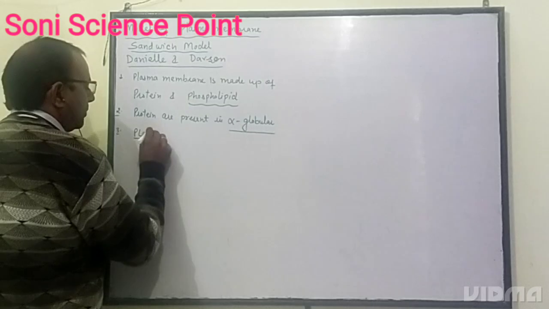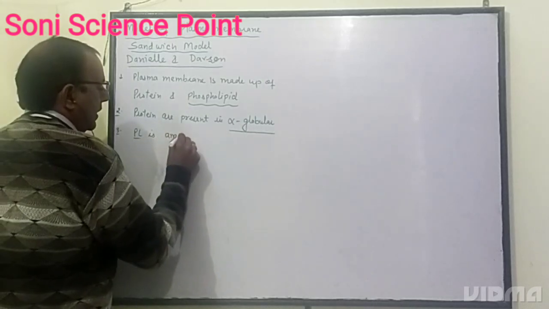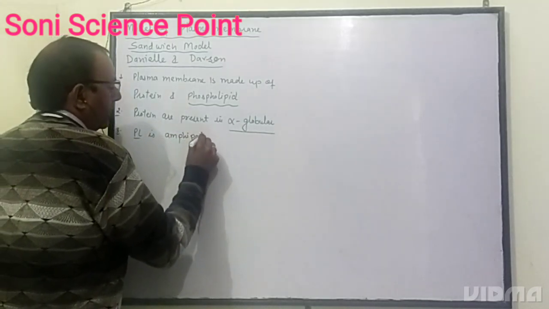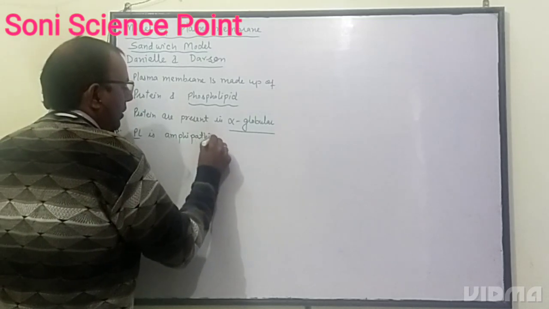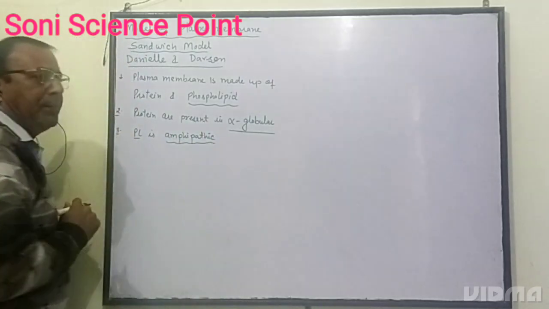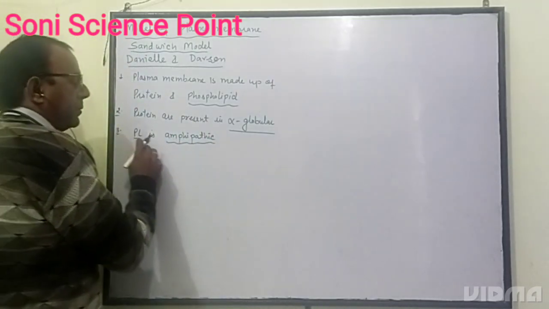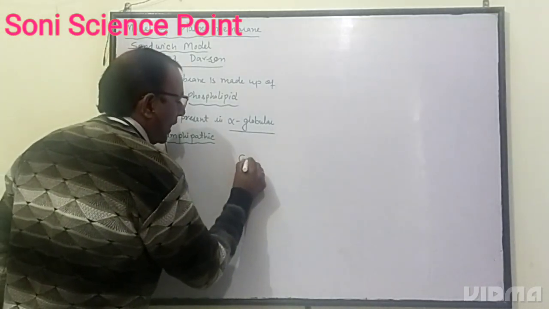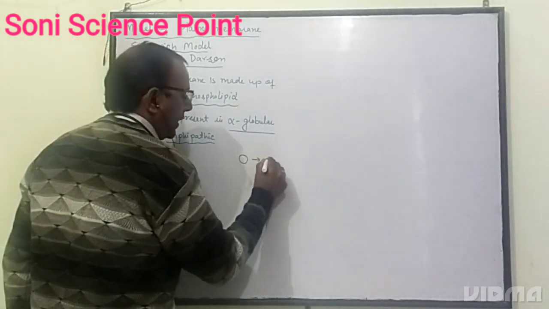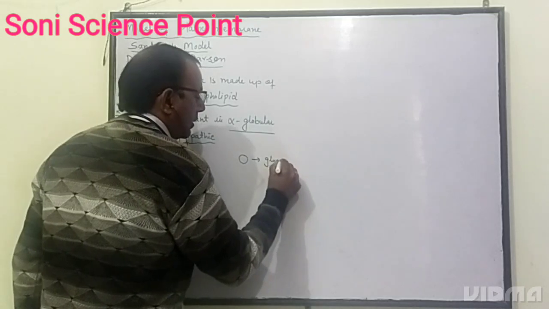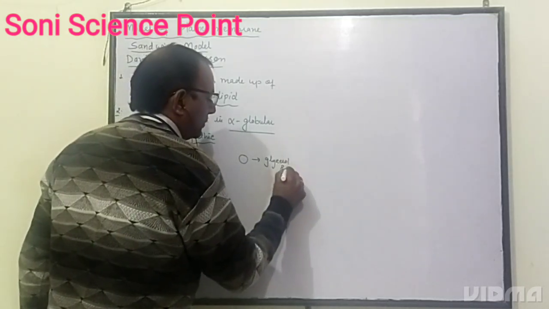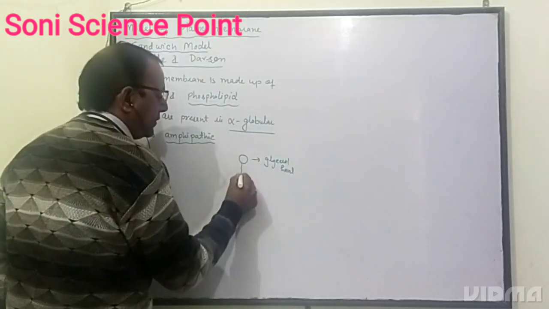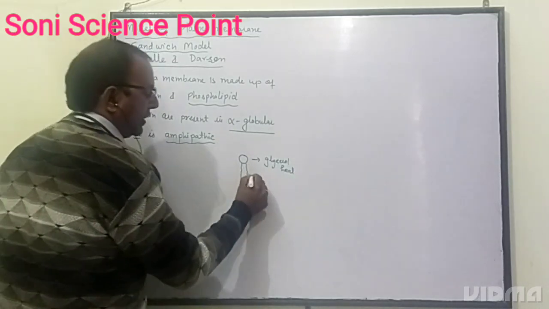Phospholipid is amphipathic. What is amphipathic? Phospholipid means one glycerol head. This is a glycerol head, and it is attached with two fatty acid chains.